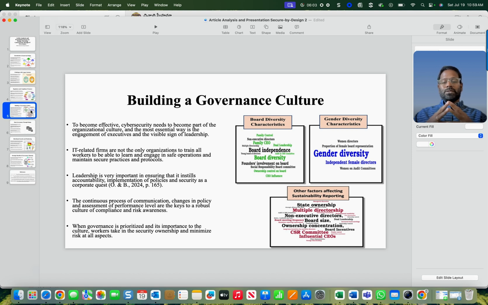It requires leadership commitment, clear policies, and continuous education to align teams around secure and compliant practice. This means including the business users and the IT team, everyone should be aware of governance culture.